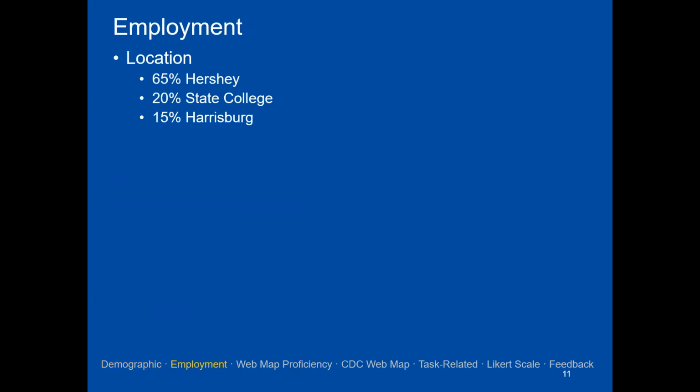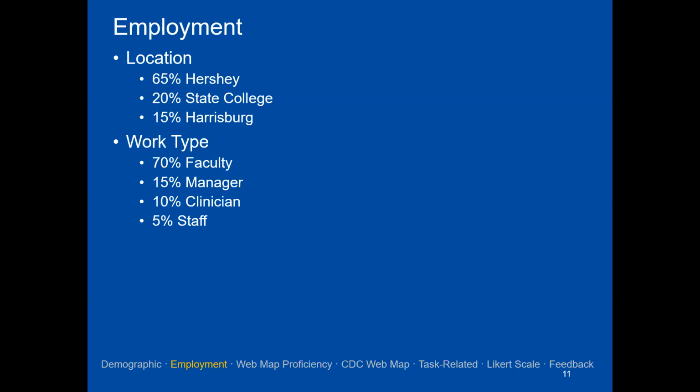For employment, the location was mostly Hershey at 65%, with 20% State College and 15% in Harrisburg. The work type was 70% faculty, 15% manager, 10% clinician, and 5% staff.